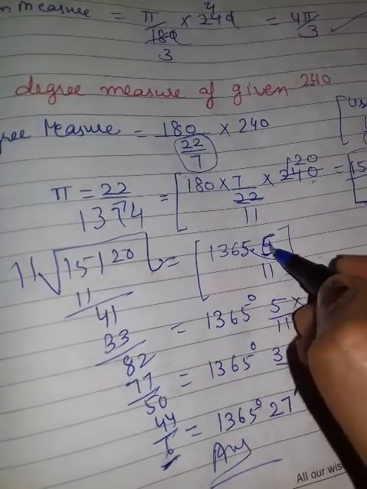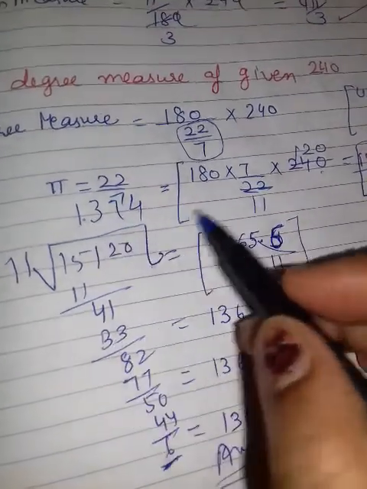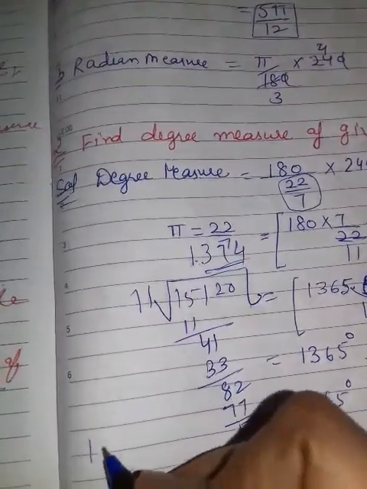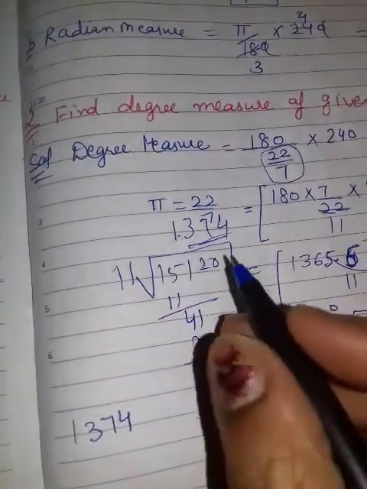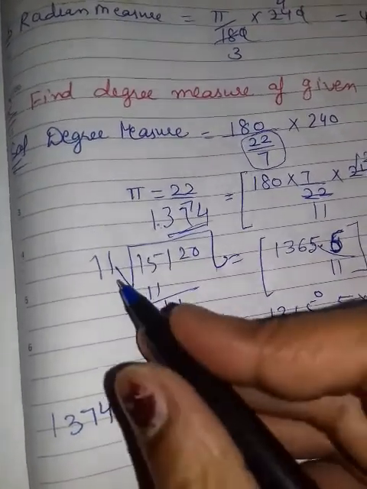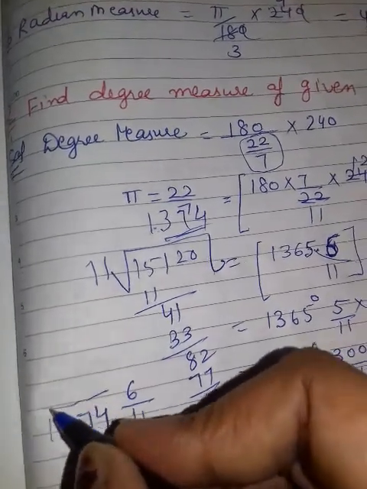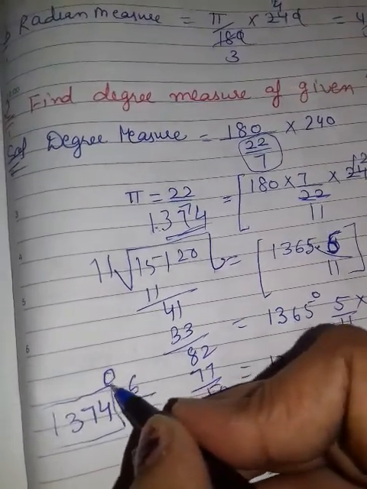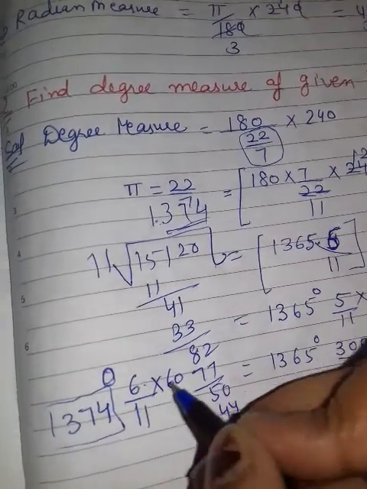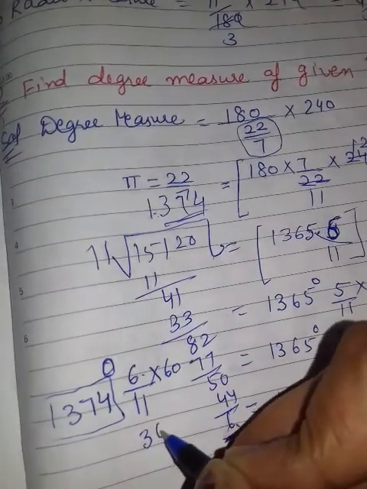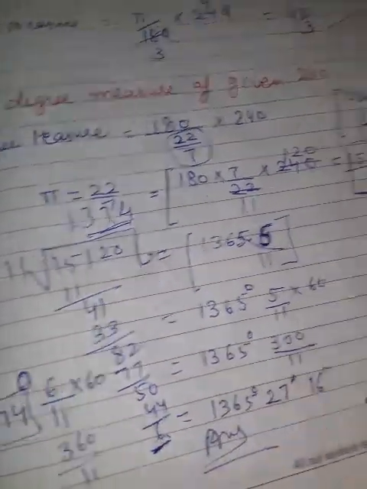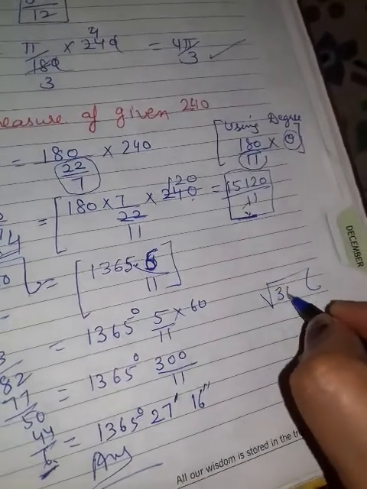You will keep that 6. 13, see, I am telling 13, 7, 4, it will keep the same. The remainder is what? 6. 6 upon 11. You will keep it in degrees, and now you will take 60 with it. Then you will again multiply to get 360 upon 11. Now you will again divide 360 upon 11. Divide it. Yes.